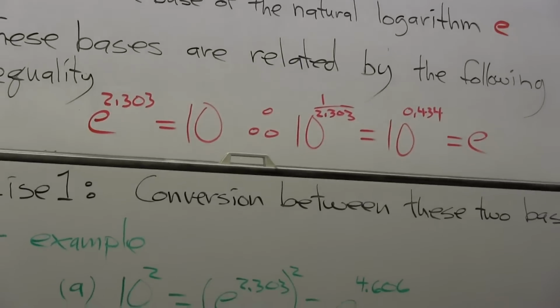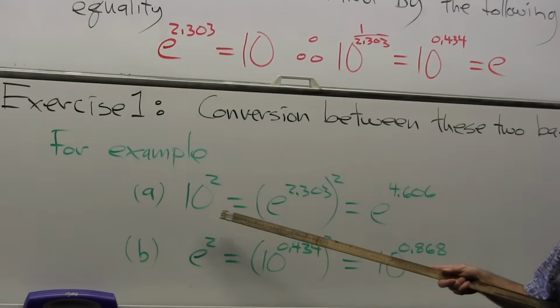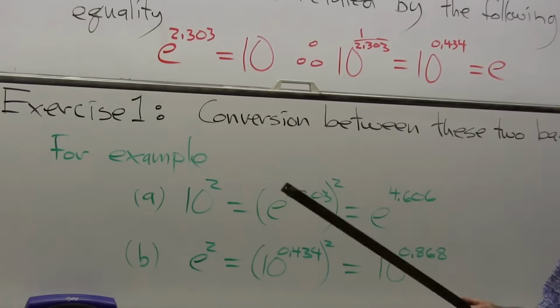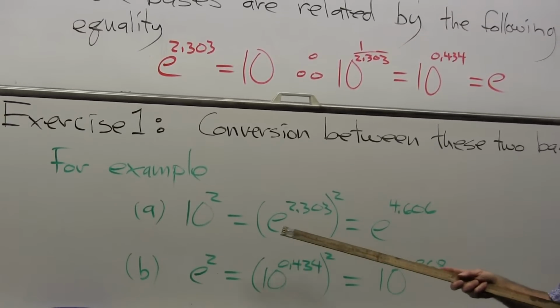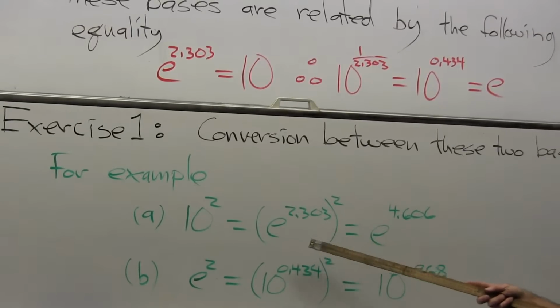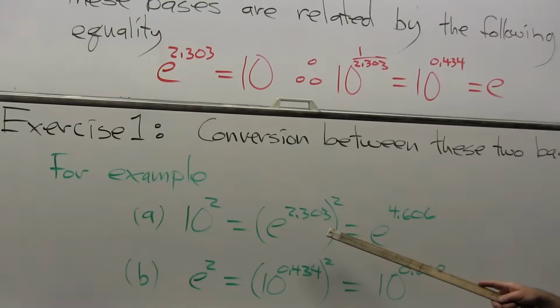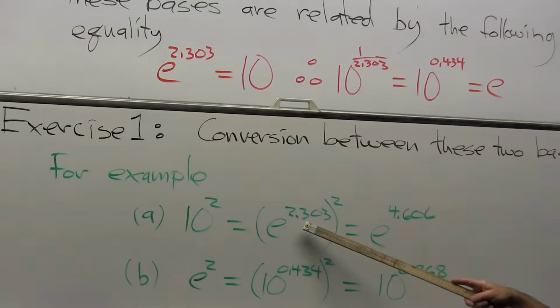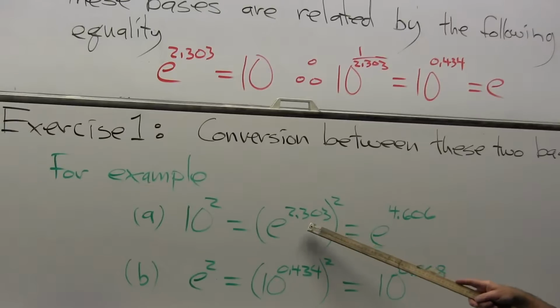For example, we're going to have to note that 10 squared is equal to, we substitute in the first equality, e to the 2.303 for 10, and we raise that to the second power, and the rules of exponents require that when I have raised an exponential number to an exponent, I have to multiply.